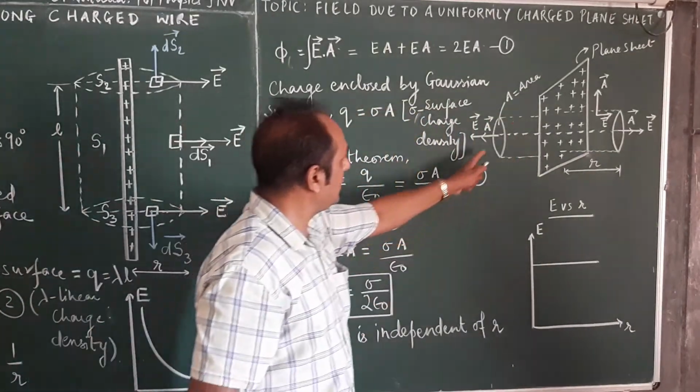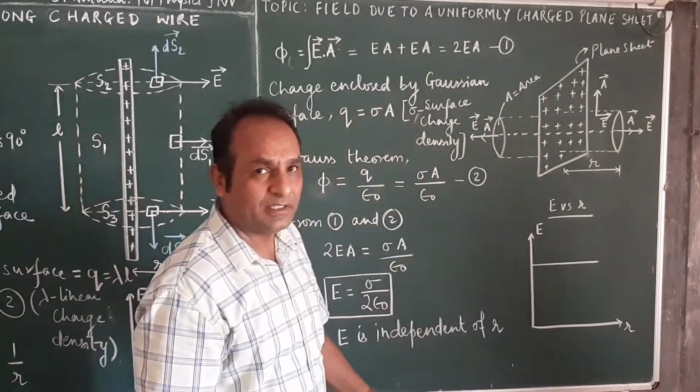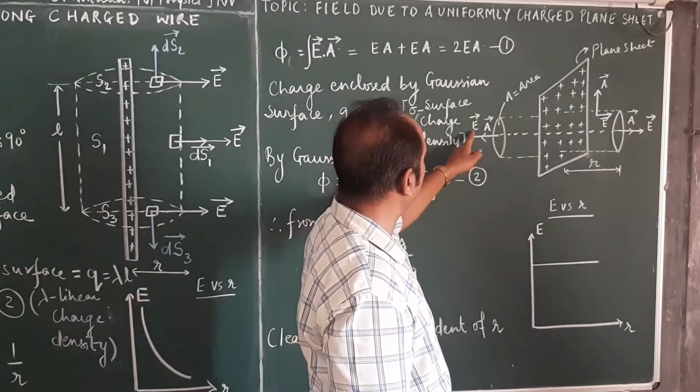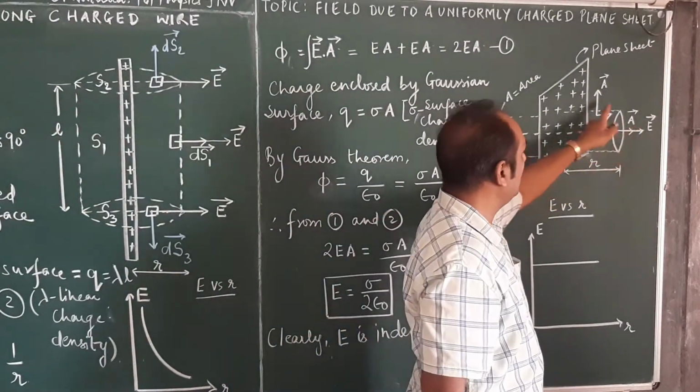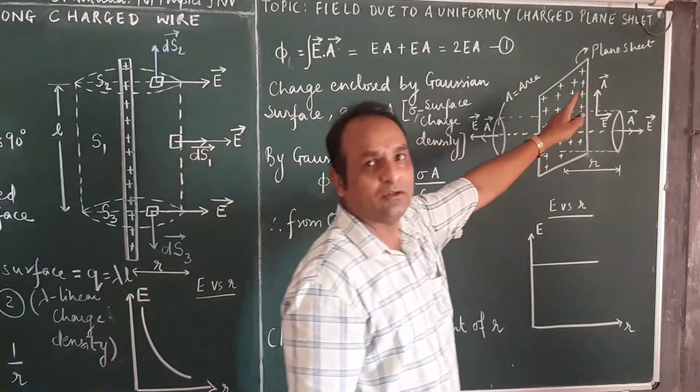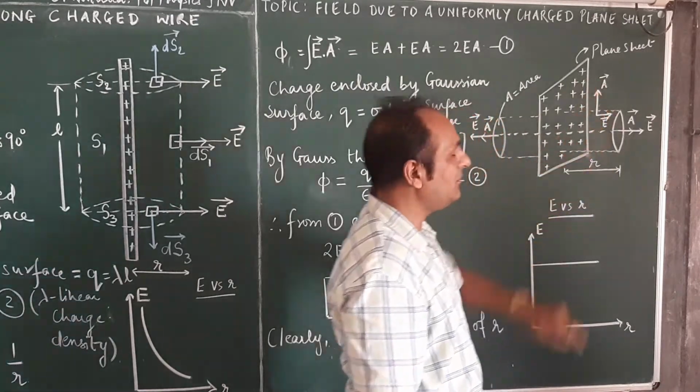So at these two surfaces, the angle between field and area vector is 0. So here you would have EA cos 0 and here also you have EA cos 0, whereas for this you will have EA cos 90. So the flux through the curved surface would become 0.